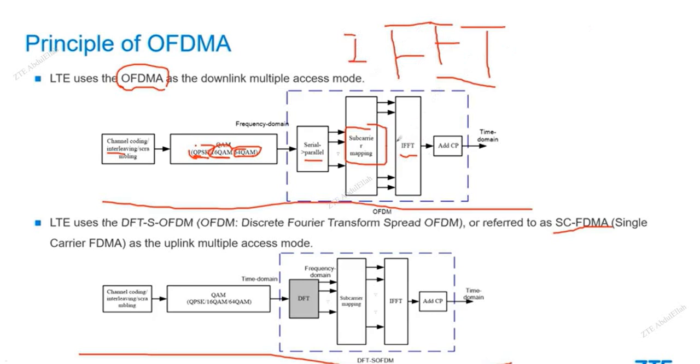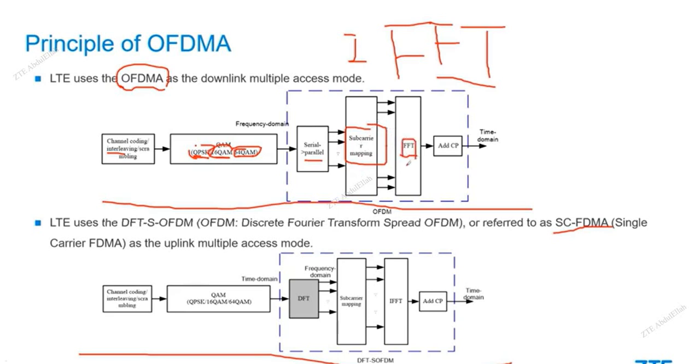IFFT is used to change the frequency domain signal to a time domain signal. Because finally, our signal will be transmitted by the antenna, and our antenna can only support the time domain signal. Here is the frequency signal, so it cannot be transmitted by the antenna. So we need the IFFT to change it.